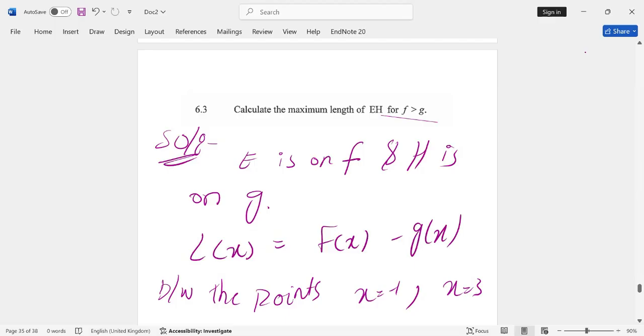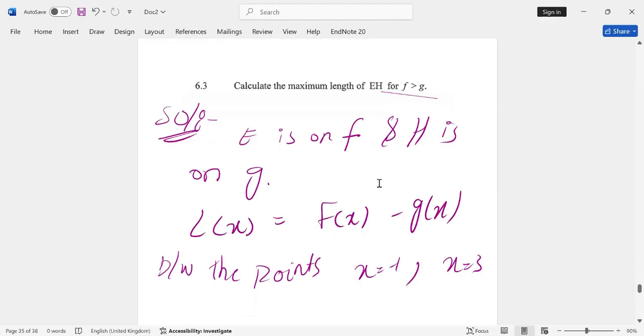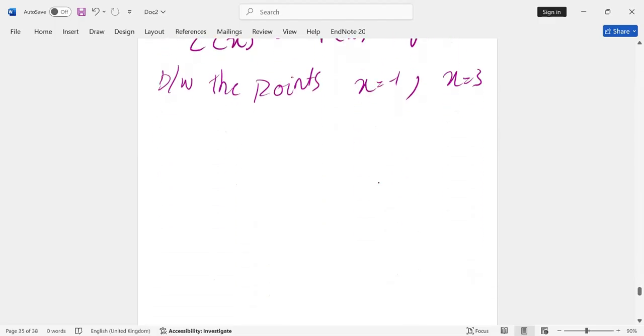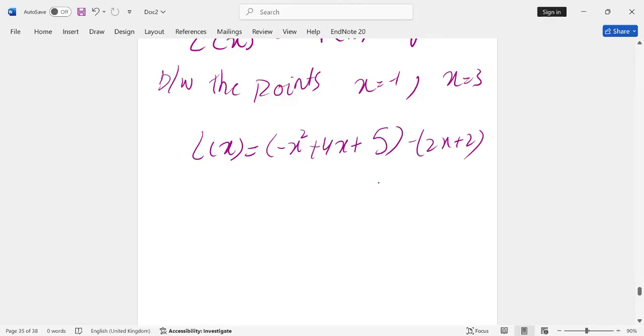So first we will set up the length function, which is L of x equals f of x, which is minus x squared plus 4x plus 5, minus 2x plus 2. This is the value of g of x.